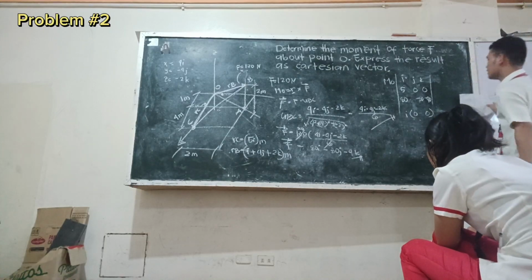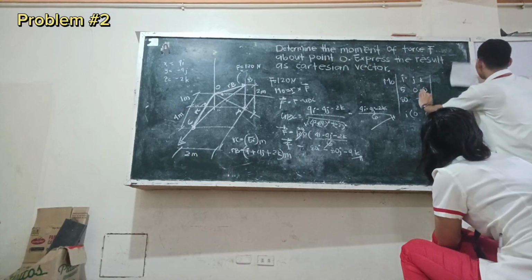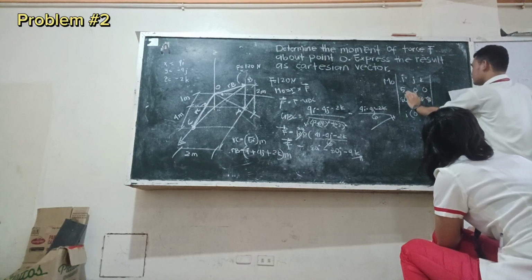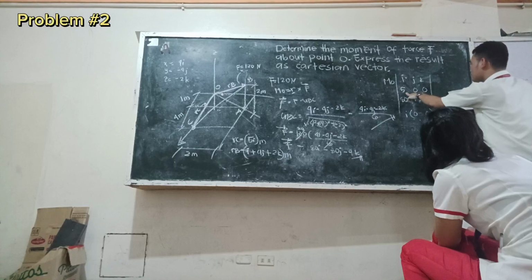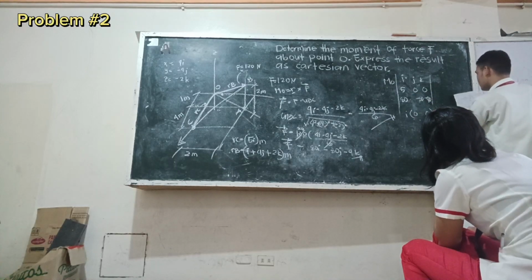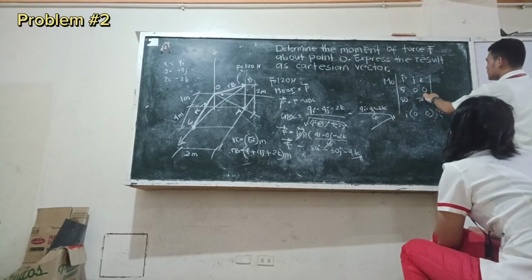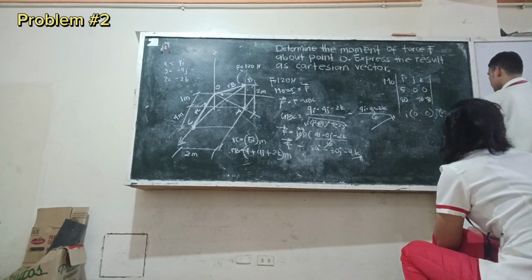For j, we cover the j. So negative 5 times negative 40 is equal to negative 200, and 80 times 0 is equal to 0.